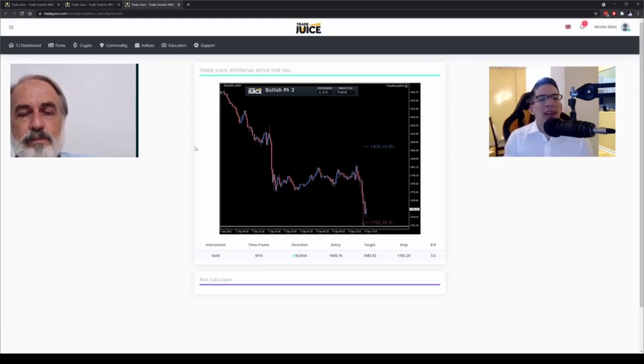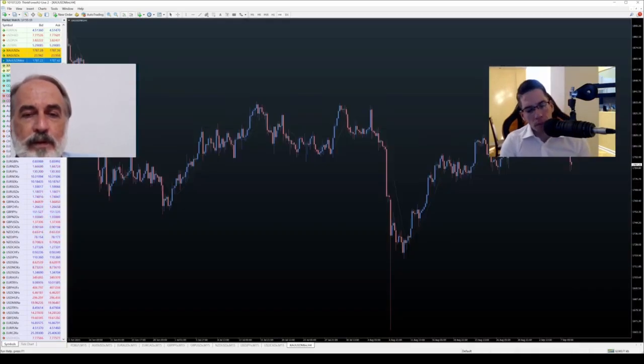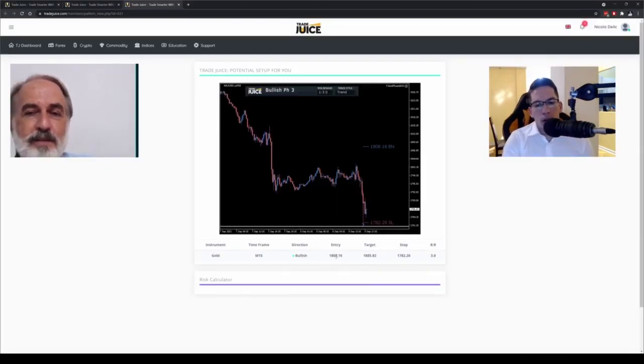So just to be clear, Nicola, this is just an image, but you're not trading on somebody's platform. This is all just directions, where to enter, what the chart would look like when you open it up on your own MT4 platform. Yeah, exactly.